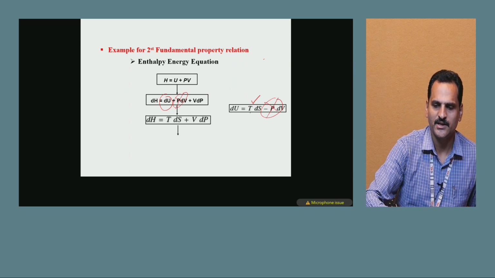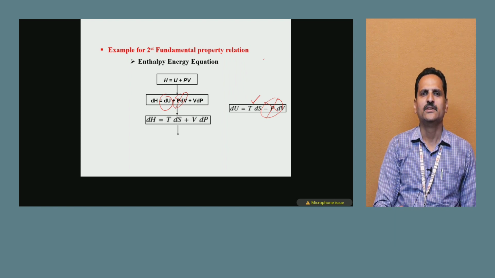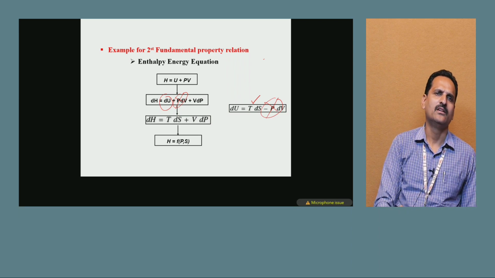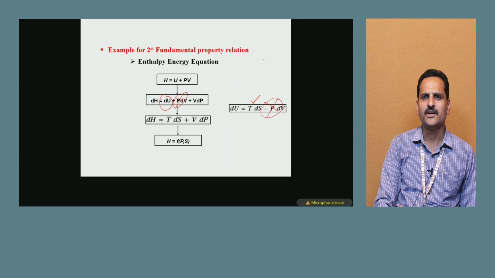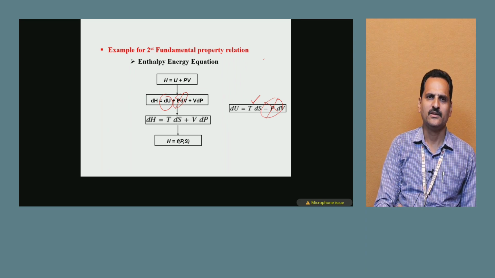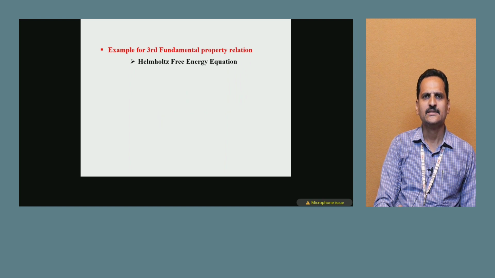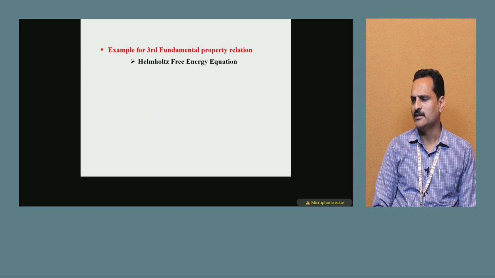So this is the second fundamental property relation between enthalpy and temperature, entropy, volume and pressure. The canonical functions of the enthalpy are pressure and entropy. So by knowing pressure and entropy, we can estimate the enthalpy of the system. Similarly, let's go for the third fundamental property relation.